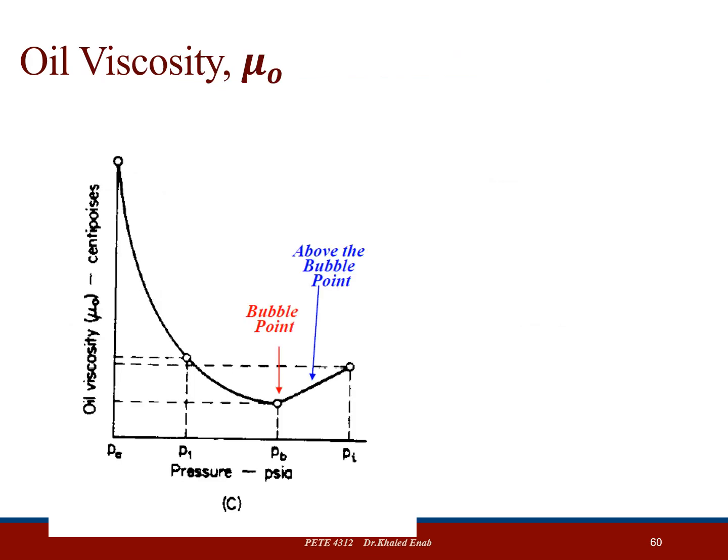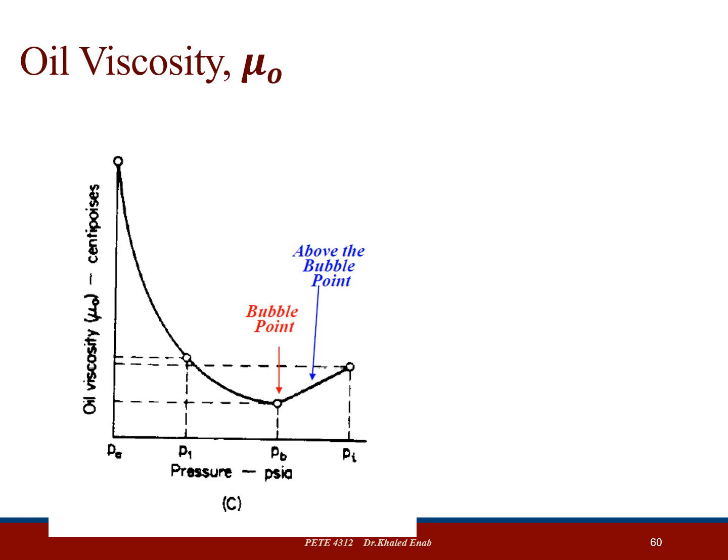We finished the rock properties, oil properties, and gas properties that we will need and use during this class of reservoir engineering. There are also water properties, which will be one of your assignments to read through.